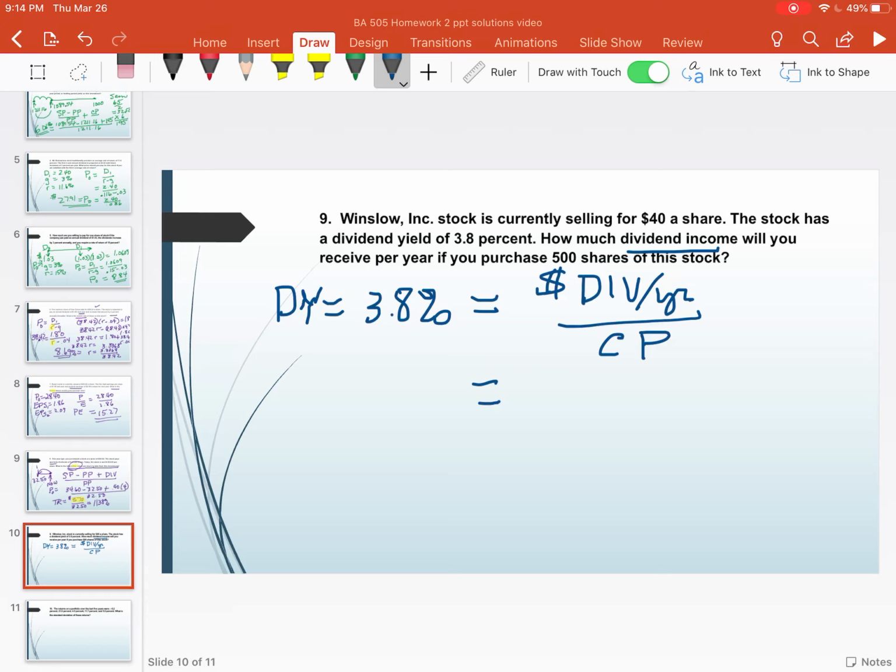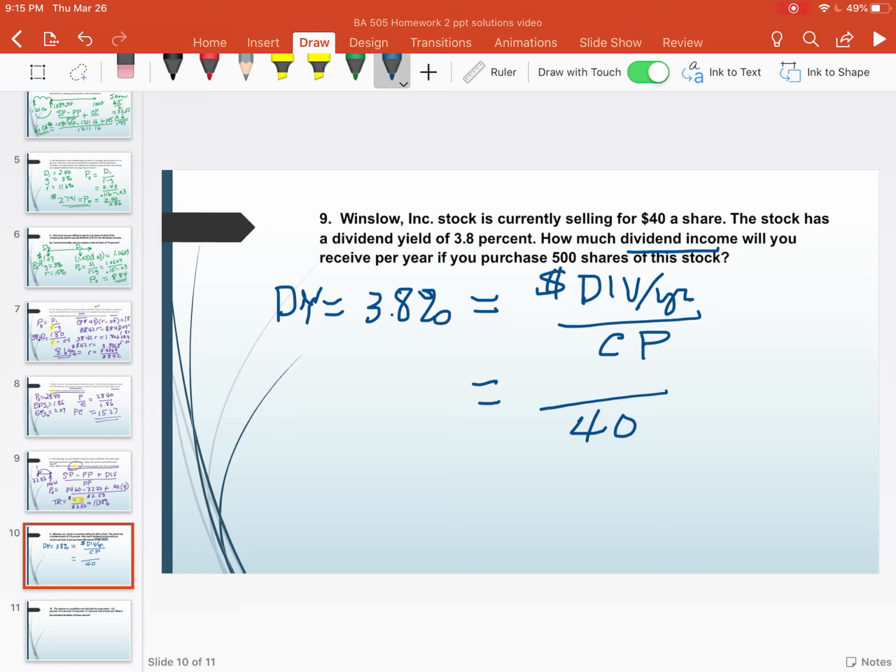We have $40 per share, which is the current price, but we don't know what the dividends per year are for one share.